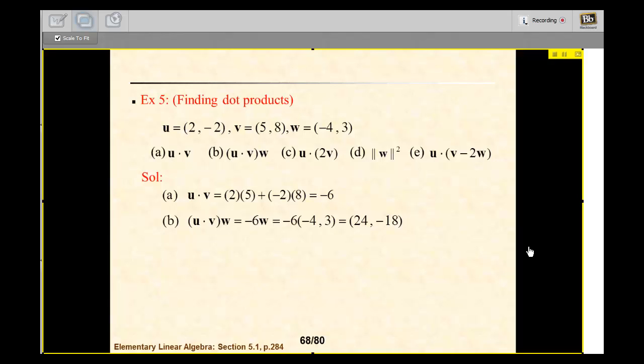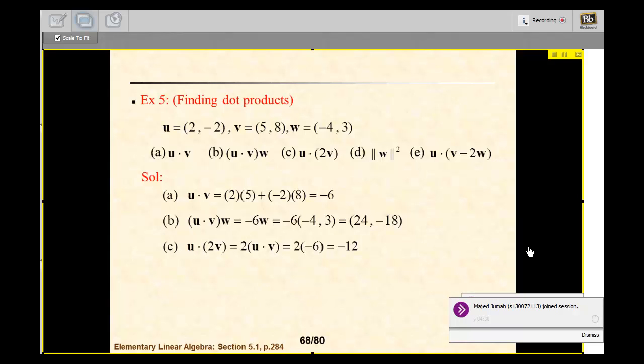Now, question C is u dot 2v. First of all, we multiply v by 2. So 5 2s are 10 and 8 2s are 16. We multiply this, and after that we multiply by u. Or there is another method: they take 2 outside and just multiply u dot v.